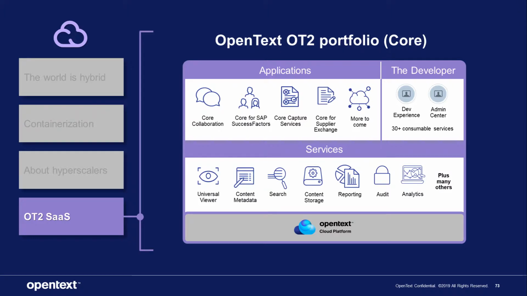So we have a content service, a metadata service, an audit service, a search service. It all sounds quite familiar, right? We also have a capture service, an archiving service, and then we have document generation. So we're bringing all the capabilities that you would normally expect you need to build EIM applications onto the OT2 platform.